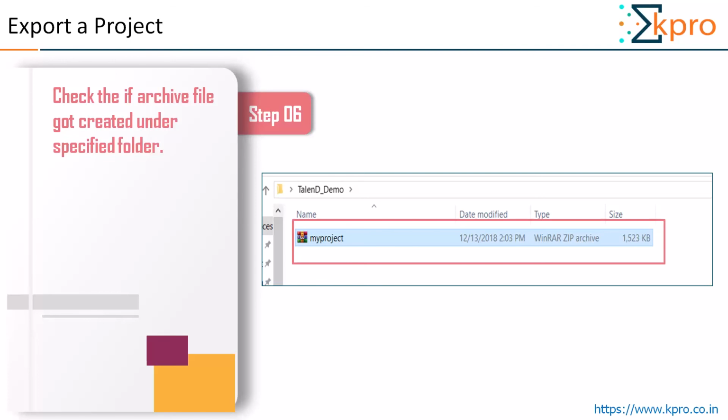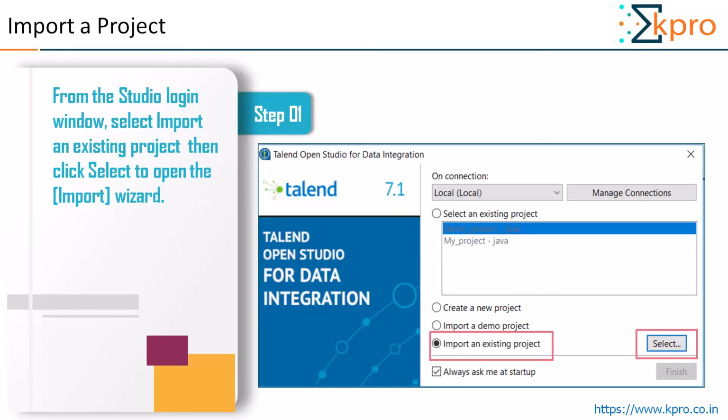So now the next is how to import a project. Once we export the project, that project needs to be imported. There is an option in the Talend Open Studio login page, import an existing project and select the project name.